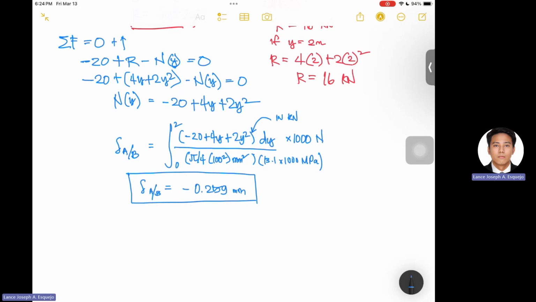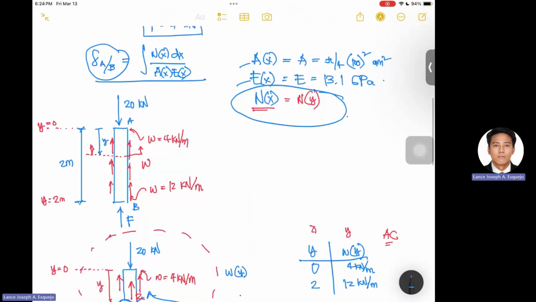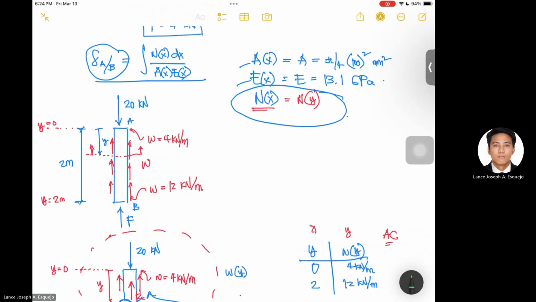So what does the negative sign mean? So going back here, negative sign means that point A, extend lang natin, point A here, and then point B. Since the deformation is negative as computed, it means na si point A with respect to B goes downward.